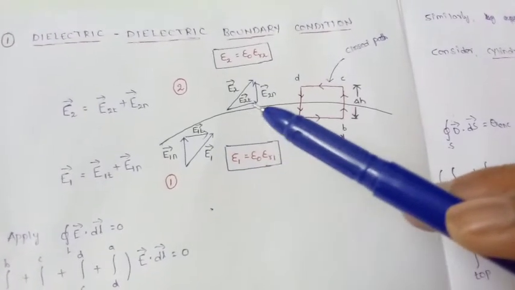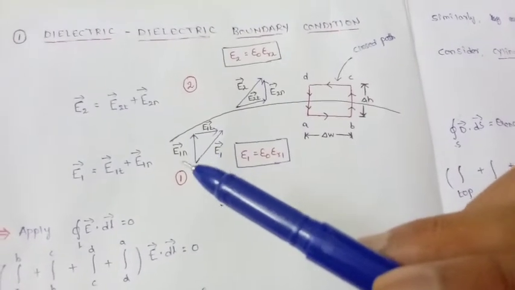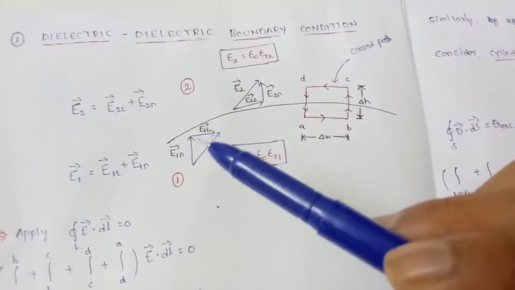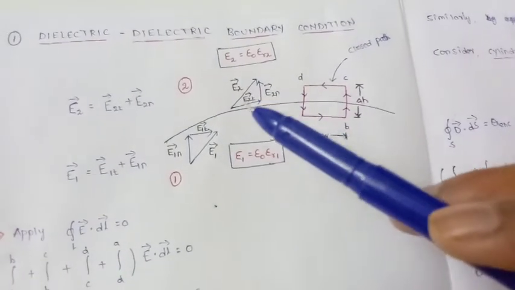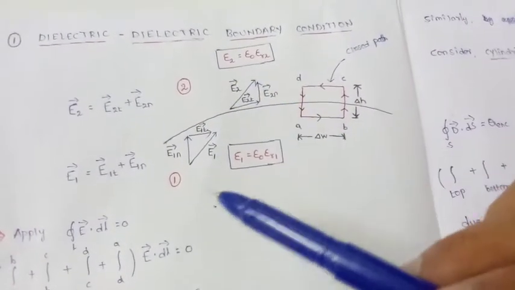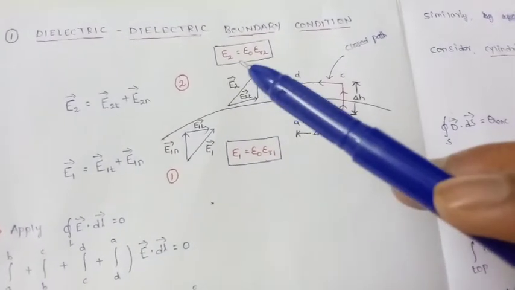This is the tangential part, this one is the normal part. Since it is region 1, it is the normal component of region 1, tangential component of region 1, normal component of region 2, and tangential component of region 2. It is the dielectric of region 1, it is the dielectric of region 2.